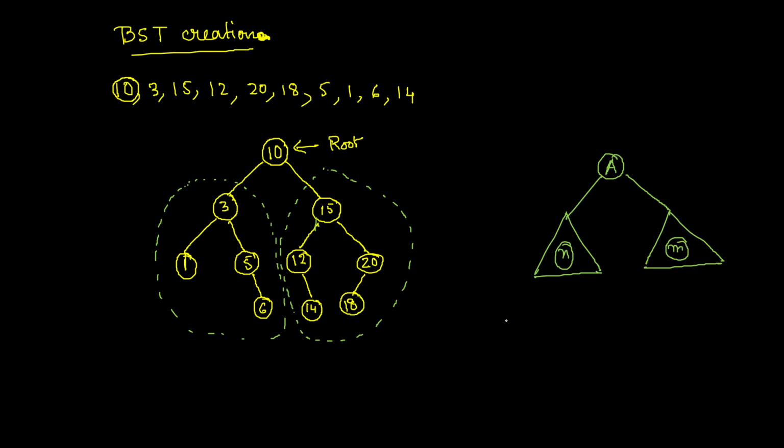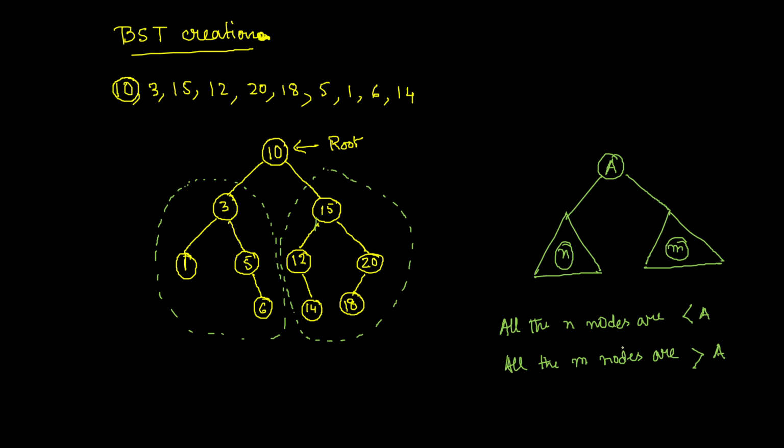So all the n nodes are less than A, and all the m nodes are greater than A.